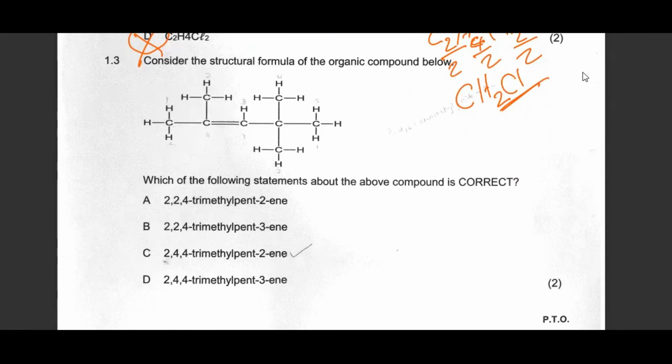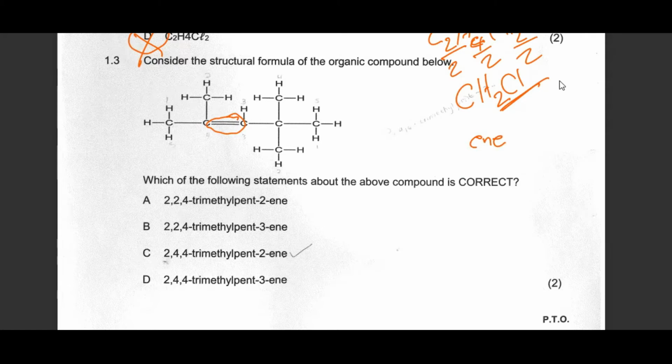Then they're saying consider the structure formula of the organic compound below. Once you are given this, first identify its homologous series. You find out that it is an alkene. It has a double bond between two carbon atoms. Since I know that it is an alkene, it's going to end with that.